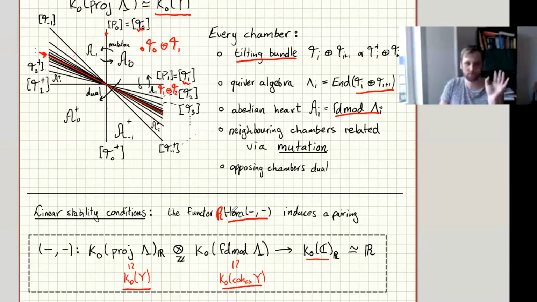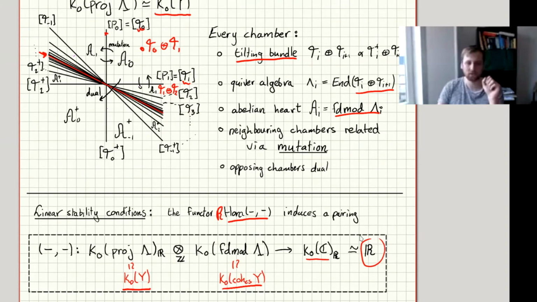Because we're working with derived categories, you should take the derived functor. And because this is sort of a real picture, we realify the K-theory and map into the reals.